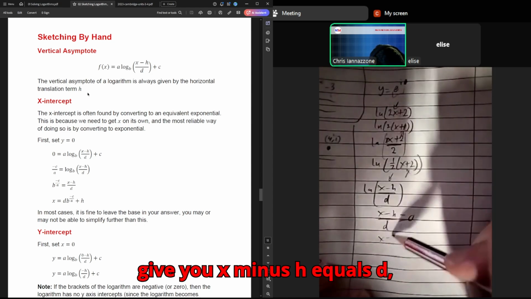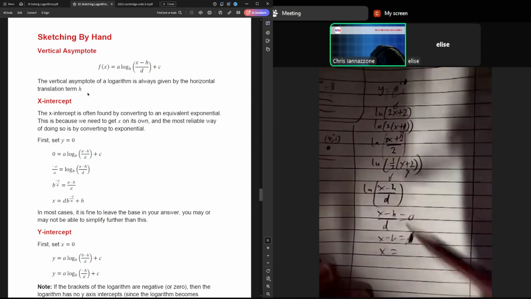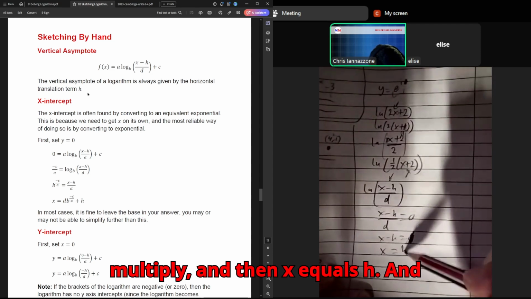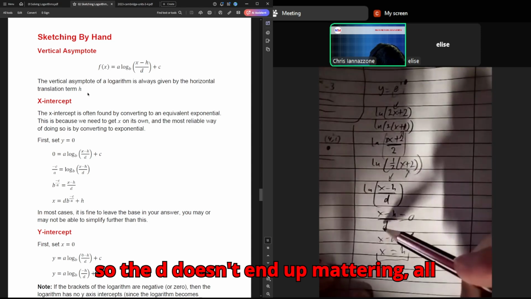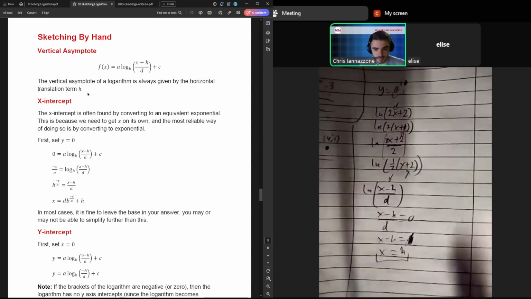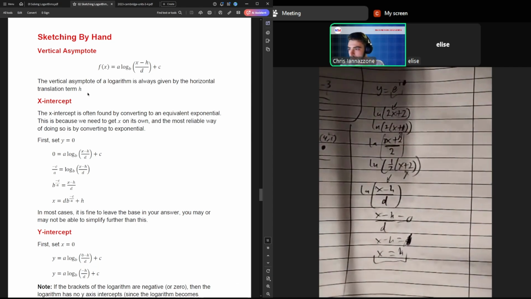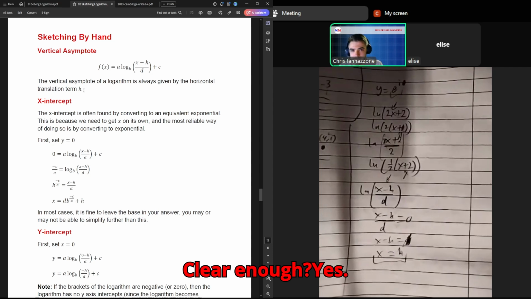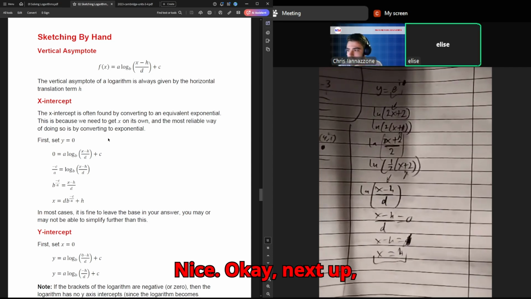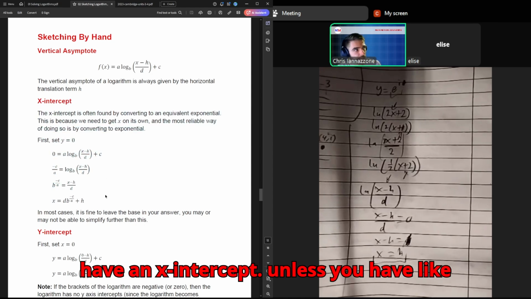So that will give you x minus h equals d times 0, equals 0, and then x equals h. And so the d doesn't end up mattering. All that matters is whatever this is becomes your asymptote, the thing that you can never reach. Clear enough? Yeah. Nice.